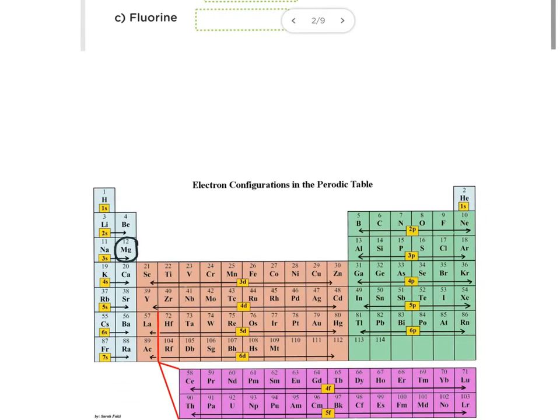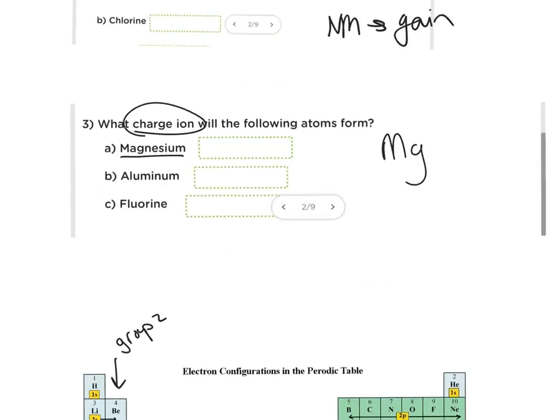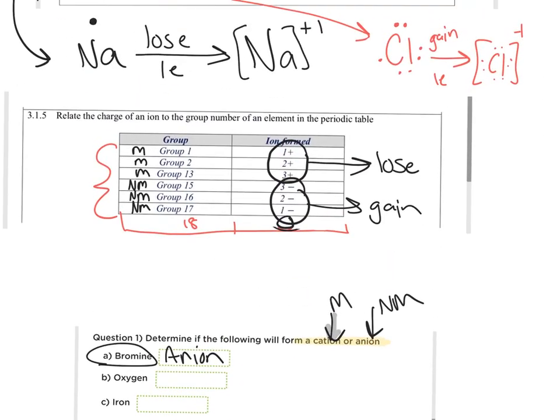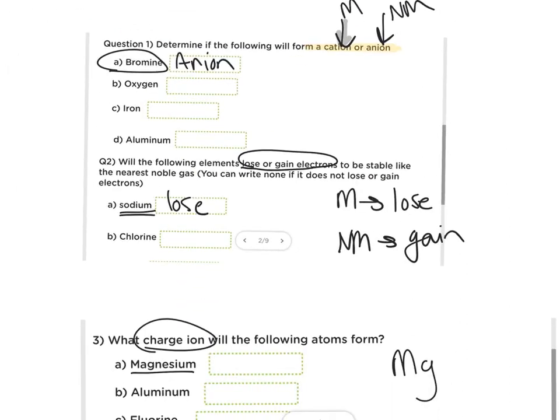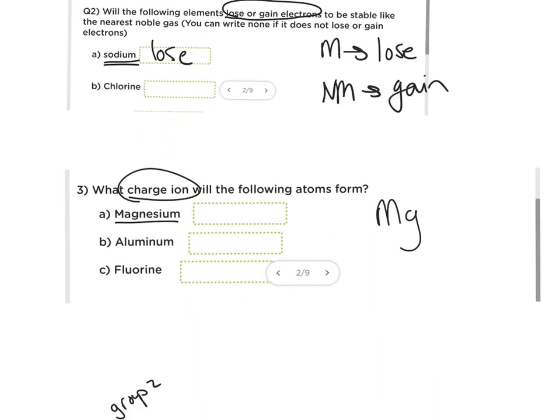It's in group 2. So what charge do group 2 elements form? Let's go up and look here. Here's group 2. What charge do they form? Plus 2. So, okay, you can answer here. You can write inside this one plus 2. All right, go ahead and finish your work and let me know that you did it.